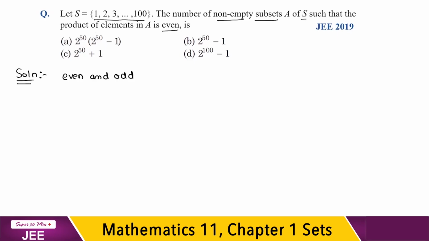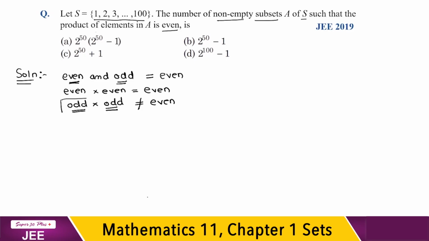We can have a combination of even and odd elements because multiplication of these two will give us an even number. Or there might be a possibility that all the elements are even because even multiplied by an even number will again give us an even number. But if both the numbers are odd, then odd multiplied with an odd number will not give us an even number. So we have to just focus on these cases because these are the unfavorable cases.